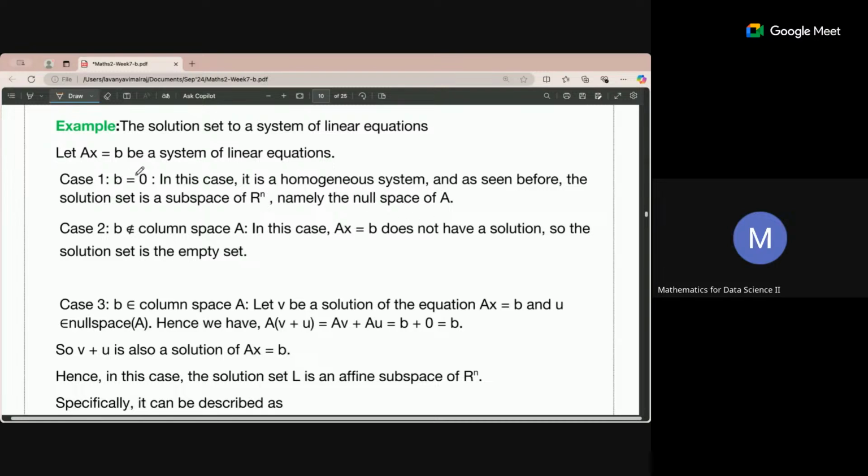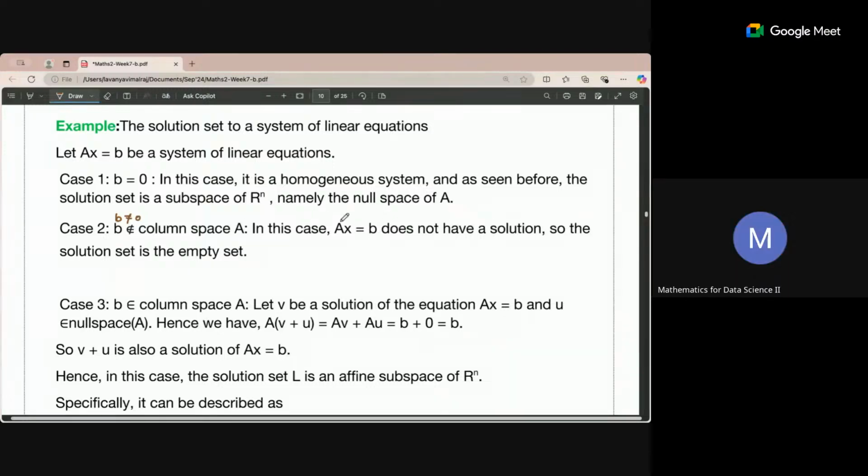So that collection of solutions is nothing but the null space of A, right? Now if b is not 0 and does not belong to the column space of A, then what does that mean? Ax equal to b does not have a solution.